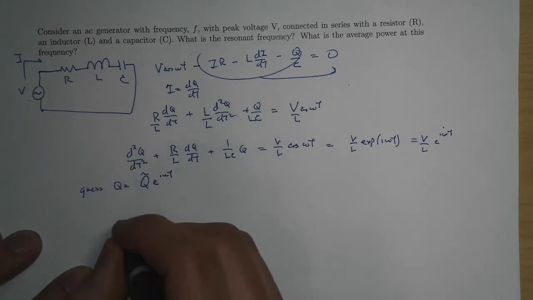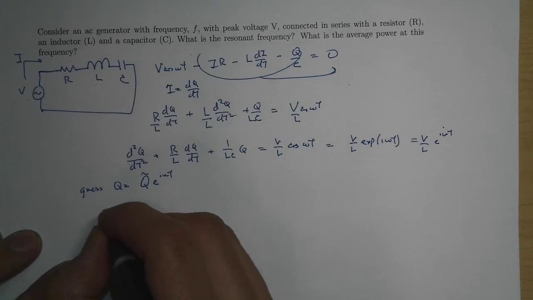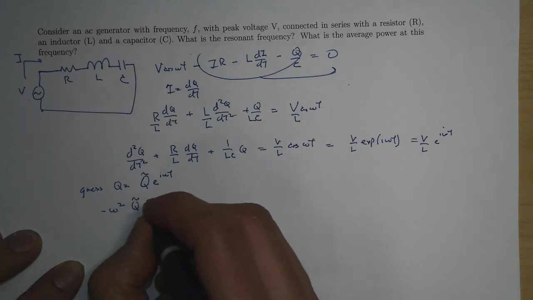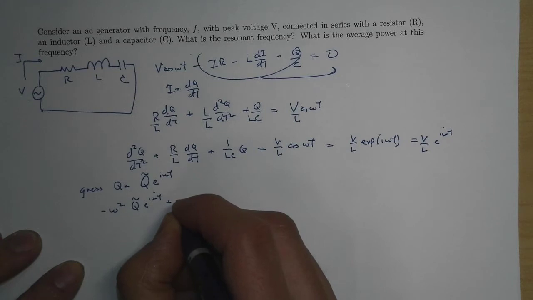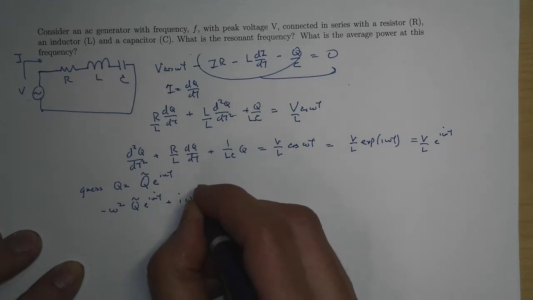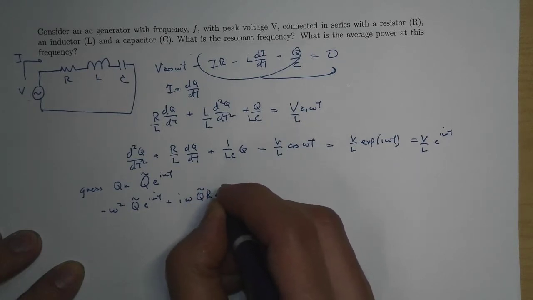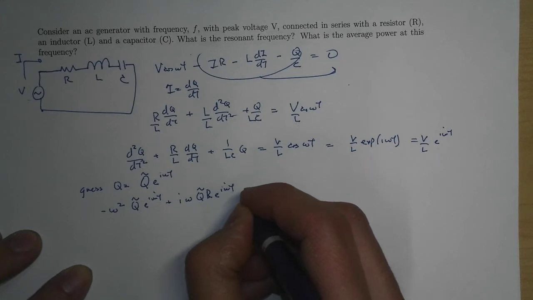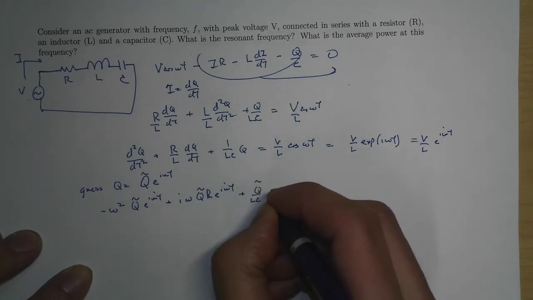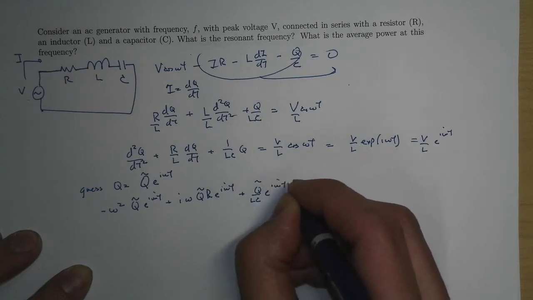Plug this in. I get minus omega squared q squiggle e to the i omega t plus i omega q squiggle times R e to the i omega t, and then plus q squiggle over LC e to the i omega t.